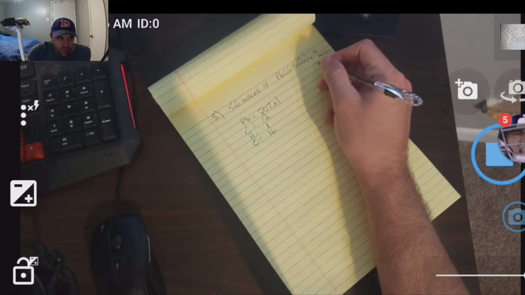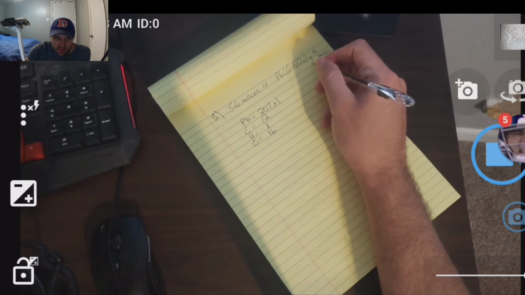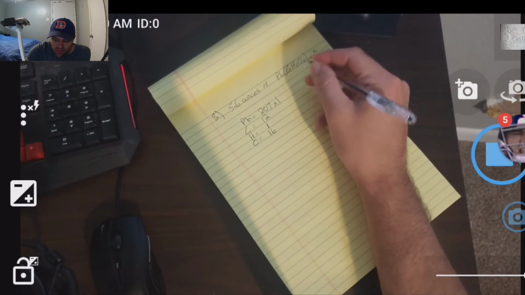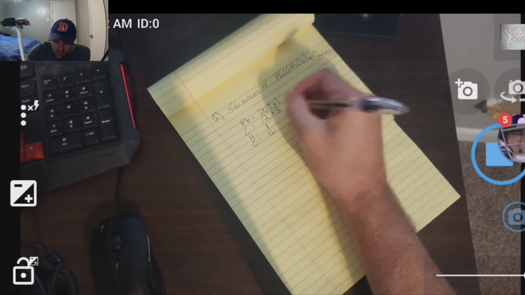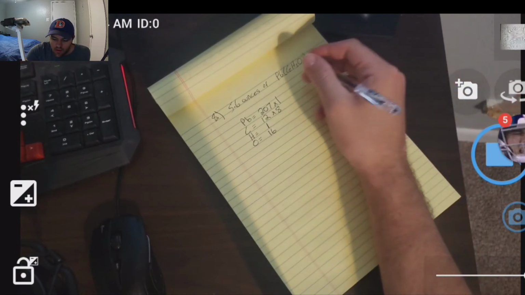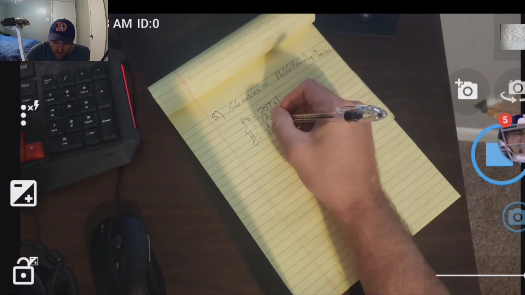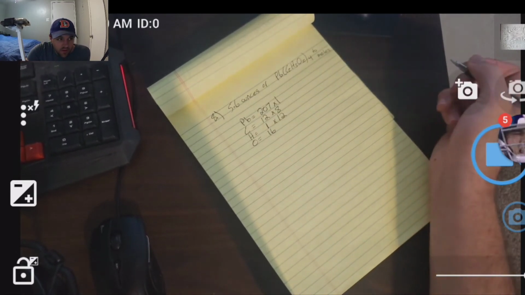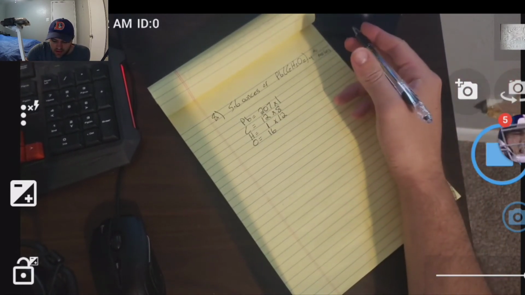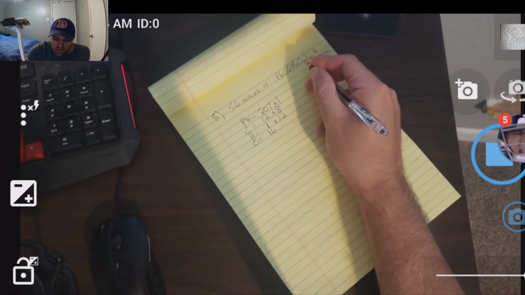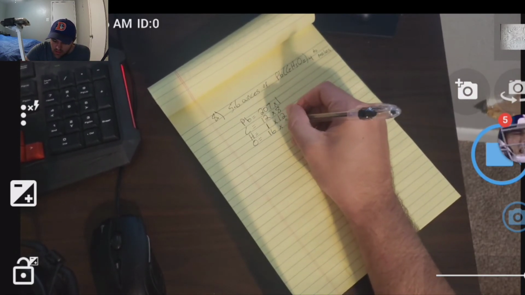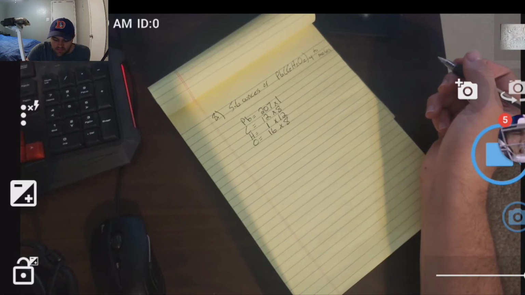So we've got to multiply whatever is inside by what's on the outside. So 2 times 4 means we have 8 carbons total. For the hydrogens, there's 3 inside times the 4 on the outside for a total of 12 hydrogens. And oxygen is the same as the carbon. 2 inside times 4 on the outside gives us 8.